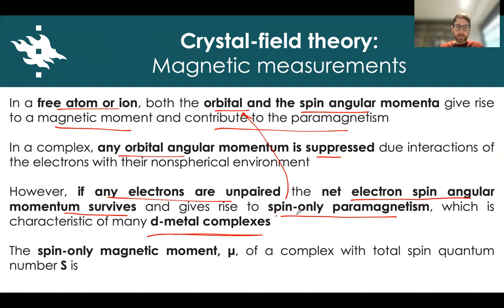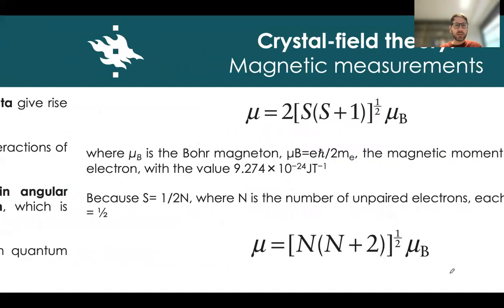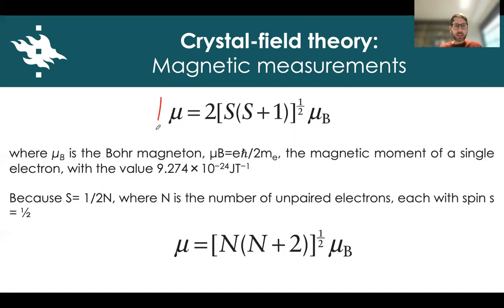In theory, we can estimate the spin-only magnetic moment of a complex based on the number of unpaired electrons, which will dictate the total spin quantum number of the complex, with this expression.